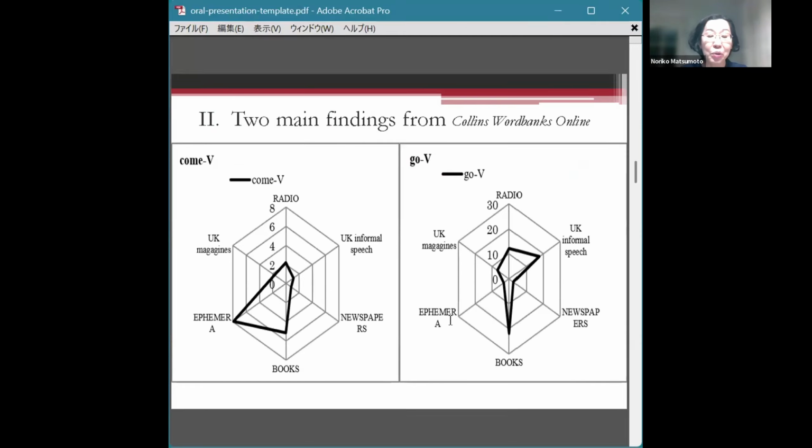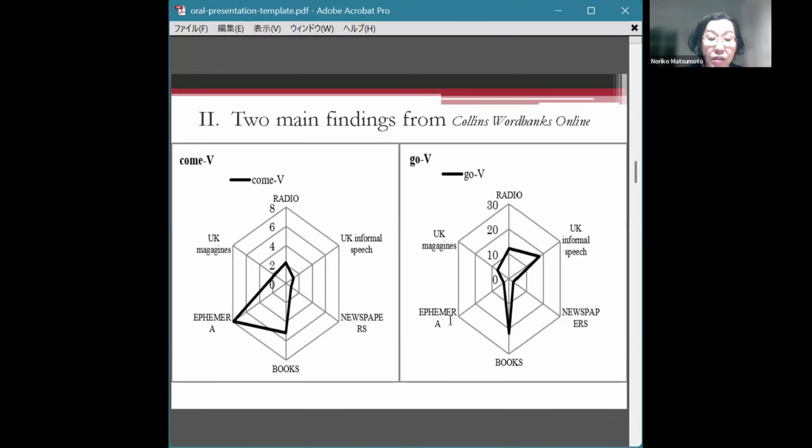Second, I'll show you two main corpus findings from the Collins WordBanks Online. First, this figure shows frequencies of use of the come-V and go-V sequences per million words in 6 genres. In the come-V sequence, the ephemera subcorpus shows the highest frequency.